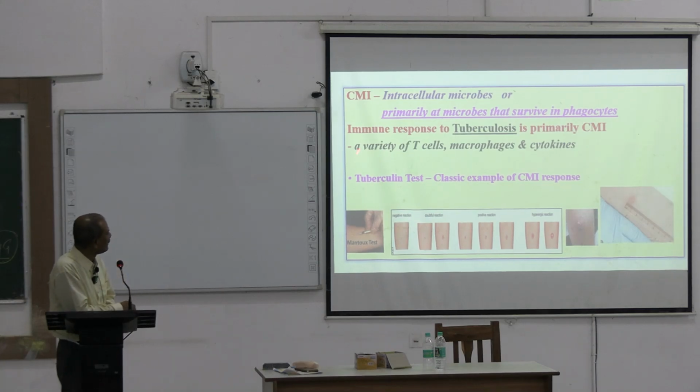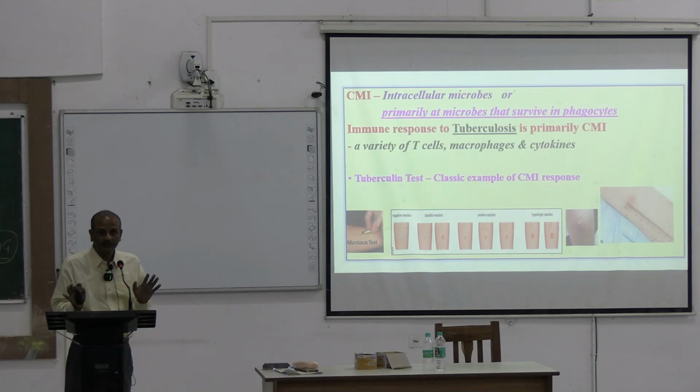This is a classical example of cell-mediated immunity. The bacillus remains intracellularly; the cell cannot destroy the tuberculous bacillus, that's why cell-mediated immunity is mounted. But if you try to measure the antibody level of TB, yes, it will be present and can be detected.